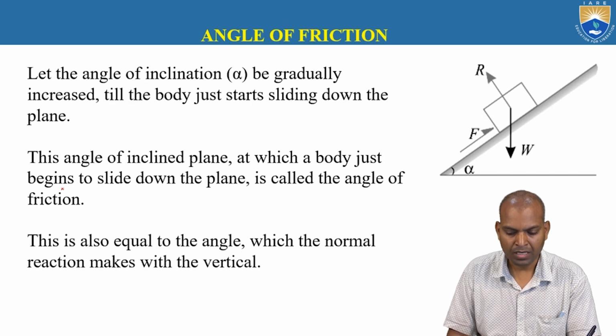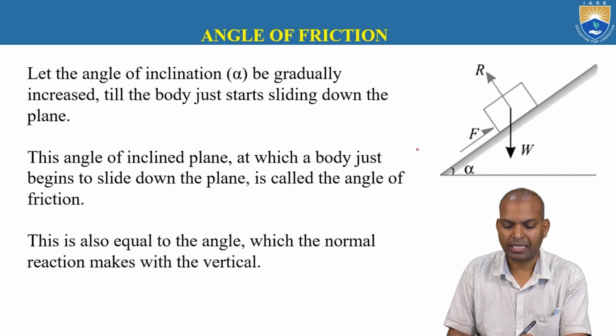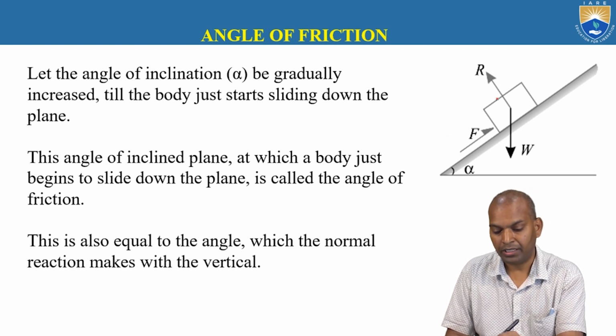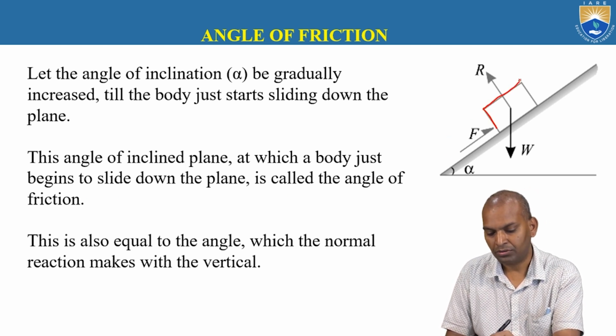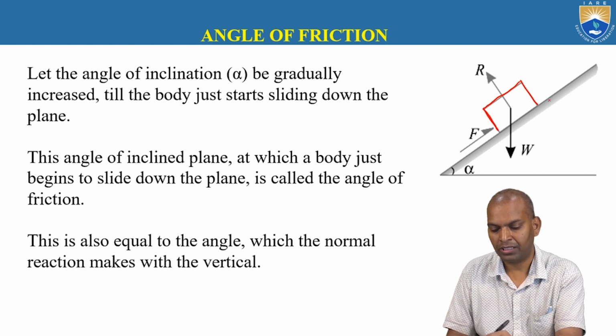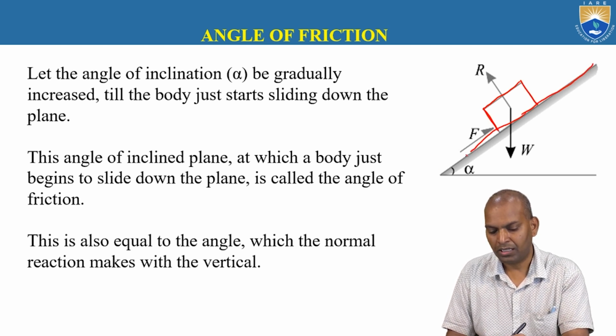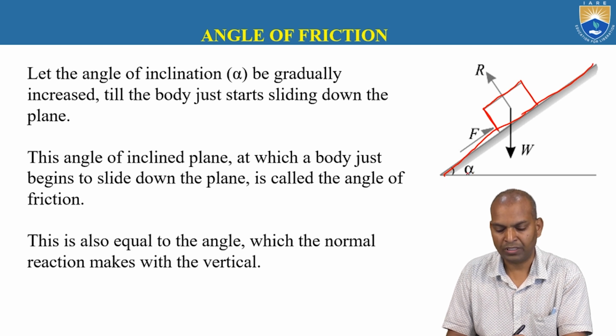Another term is the angle of friction. It is the angle at which the body is going to slide down. Consider an inclination alpha. When alpha is 0, it is a horizontal plane and there is no sliding motion.